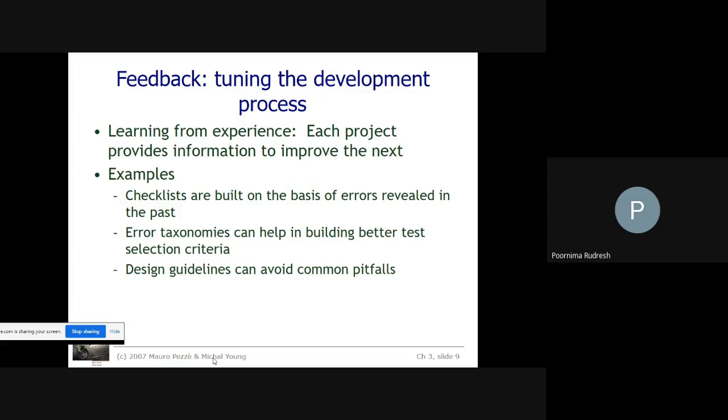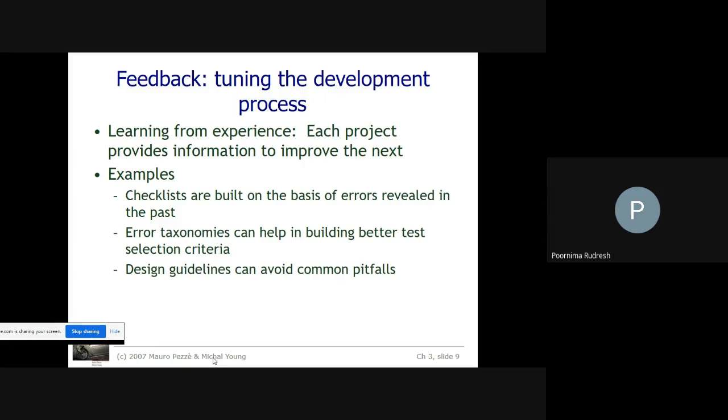The last topic of this basic principles chapter is feedback. So what is feedback? It is another engineering principle that applies to the analysis and testing process, and feedback applies both to the process and to the individual techniques.